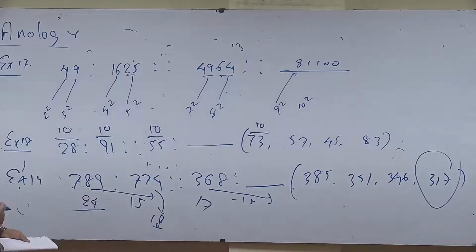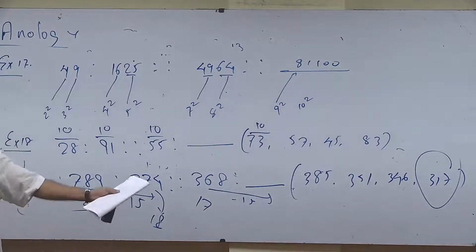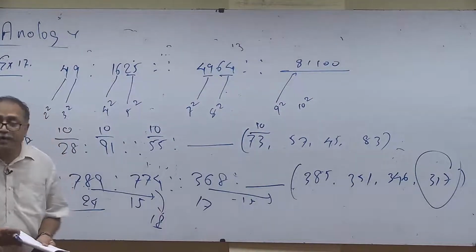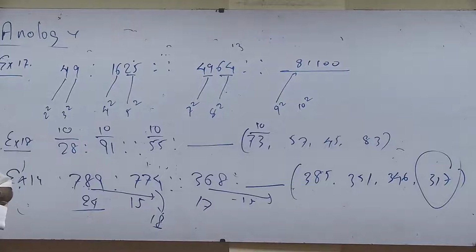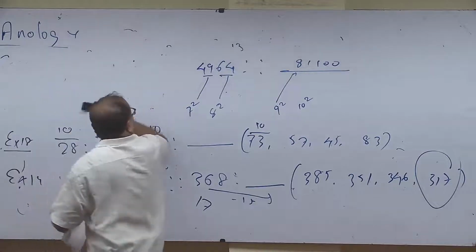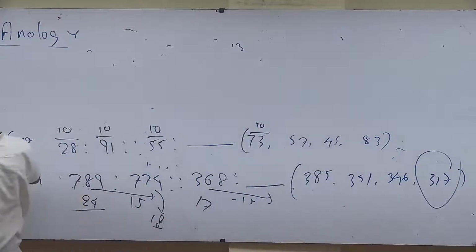So sum of the digits here is 24 and there 18, I see that the sum of the digits is minus 6. There minus 6, any option is there? Yes, 317 this. So number analogy is done with some examples. Now letter analogy.